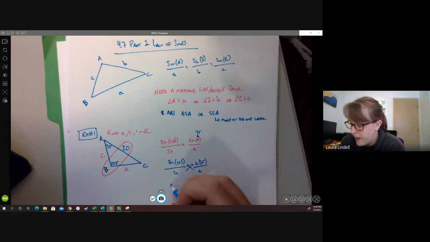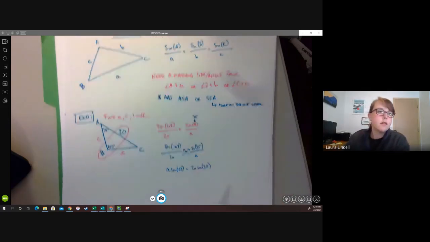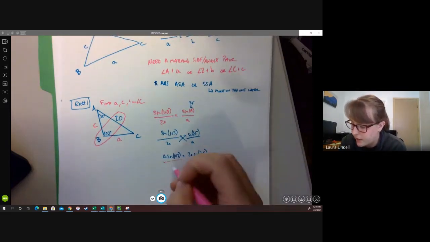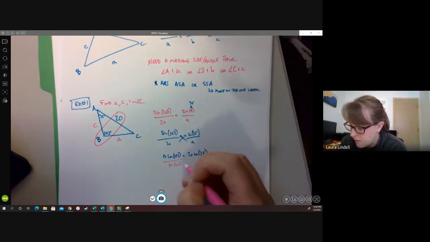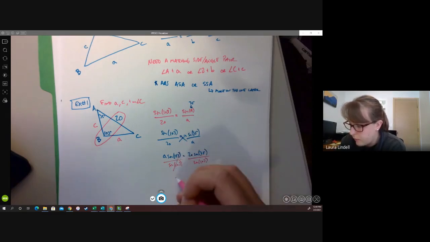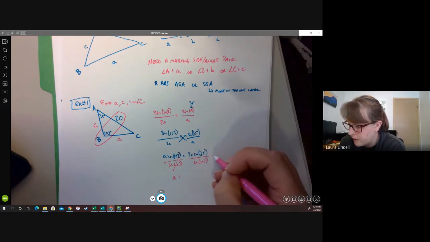We get A sine of 103 equals 20 sine 35. Divide by sine of 103 on both sides. And we get A equals, this is something that we can type into a calculator.